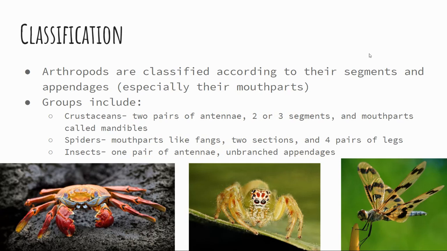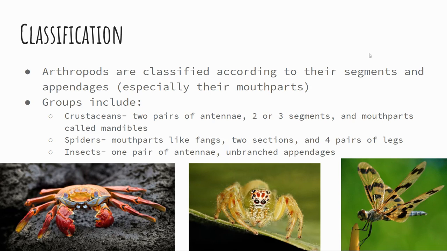So classification: arthropods are classified according to their segments and their appendages, usually their mouth parts. That's typically the appendage that we use to classify them. There are three groups of arthropods: crustaceans, spiders, and insects. Crustaceans have two pairs of antennae, 2 or 3 segments, and their mouth parts are called mandibles.